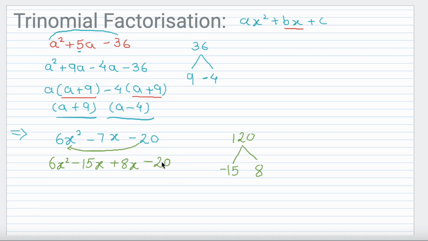and minus 20. Now we have to take common here. So here we can take 3 common, and x we can take common.